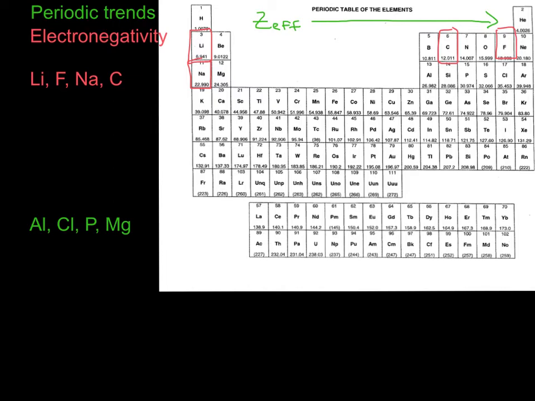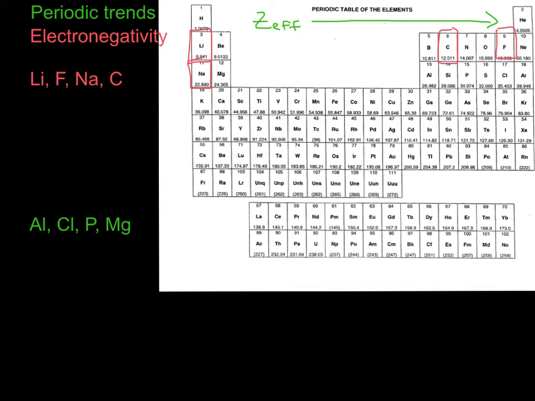All right, so lithium, carbon, and fluorine are all in the same period. All right, and we know that electronegativity increases as we go across a period. And if we didn't know, we do know now that fluorine is the most electronegative element. Okay, so that's the most electronegative you can get on the periodic table.